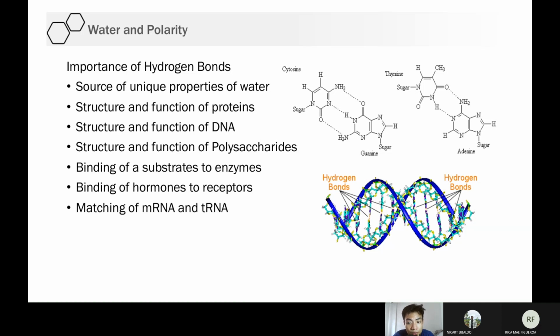Kunwari, marami ka ng sugar. So your cells can actually trigger the production of insulin para ma-lower yung blood sugar levels mo. Ma-control yung blood sugar levels. Or kunwari mababa yung sugar mo, then the cells could trigger the gluconeogenesis pathway.